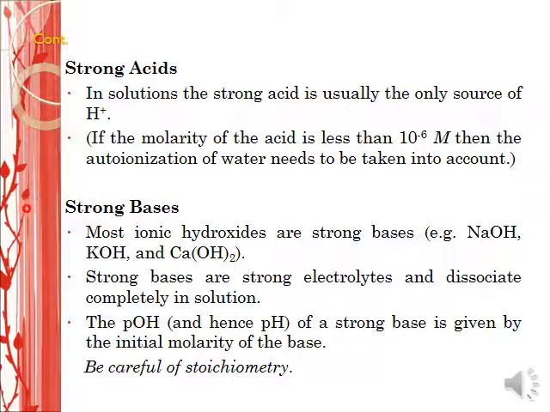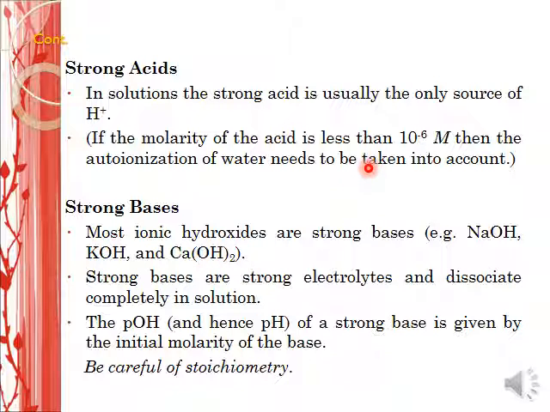For strong bases, the ones that belong to group 1 and group 2 are considered strong ionic hydroxides. For example, sodium hydroxide from group 1, potassium hydroxide from group 1, and calcium hydroxide from group 2 in the periodic table.